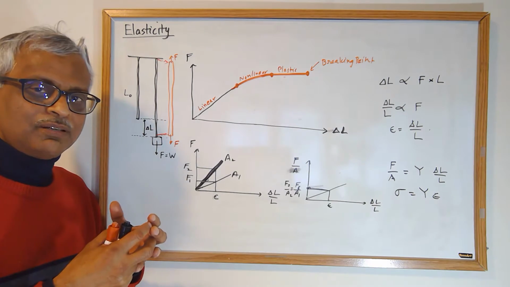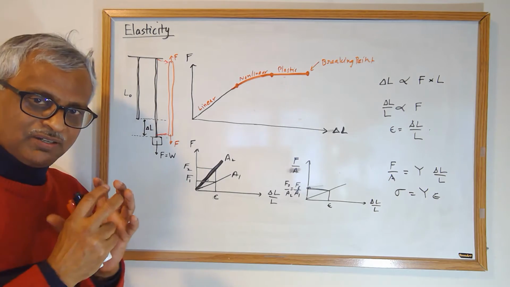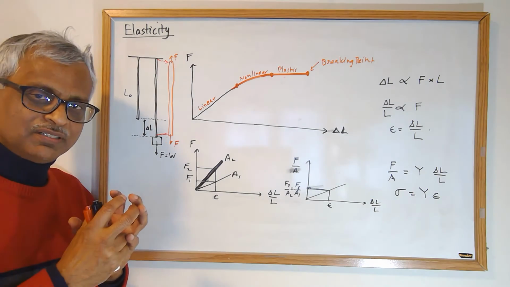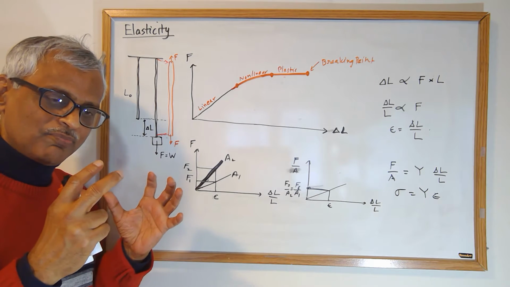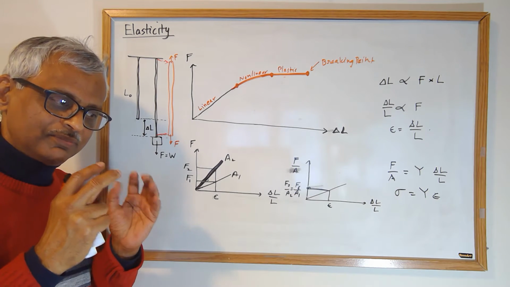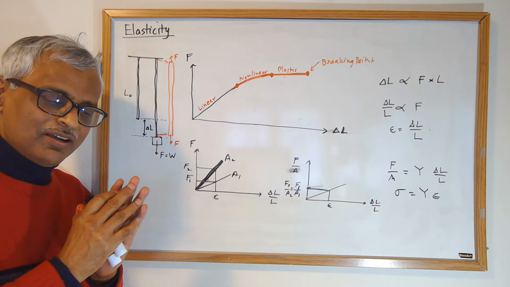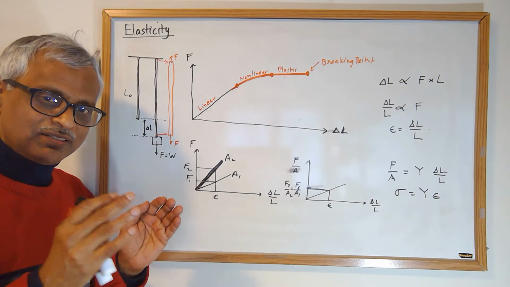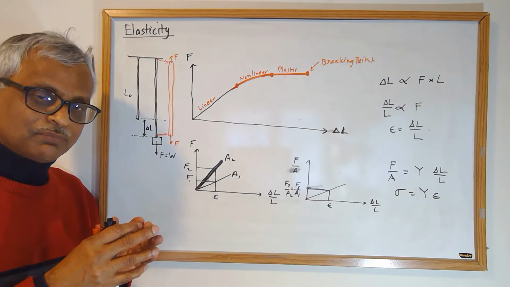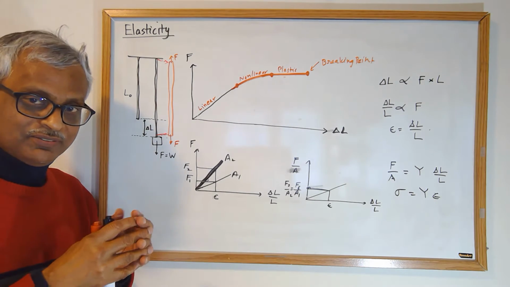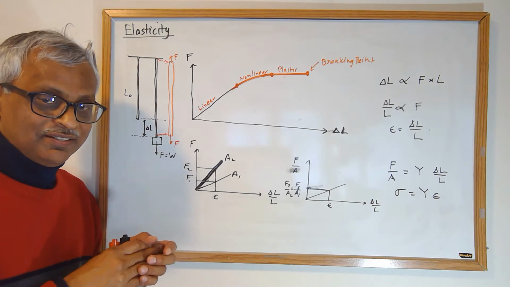If you deform it a little bit, and you let go of whatever you pushed or constrained it with, it tends to come back. Not everything will do it, but if it's elastic, it will come back. Some things are more elastic, so you can deform them considerably, and some are really not that elastic, and if you deform just a little bit, they will break.